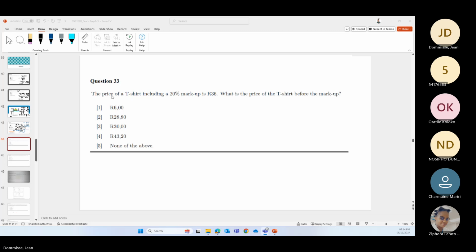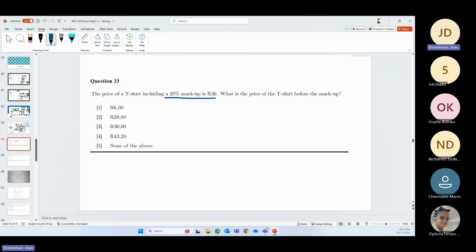Okay, so let's look at question 33. The price of a t-shirt, including a 20% markup, is 36. What is the price of a t-shirt before the markup?